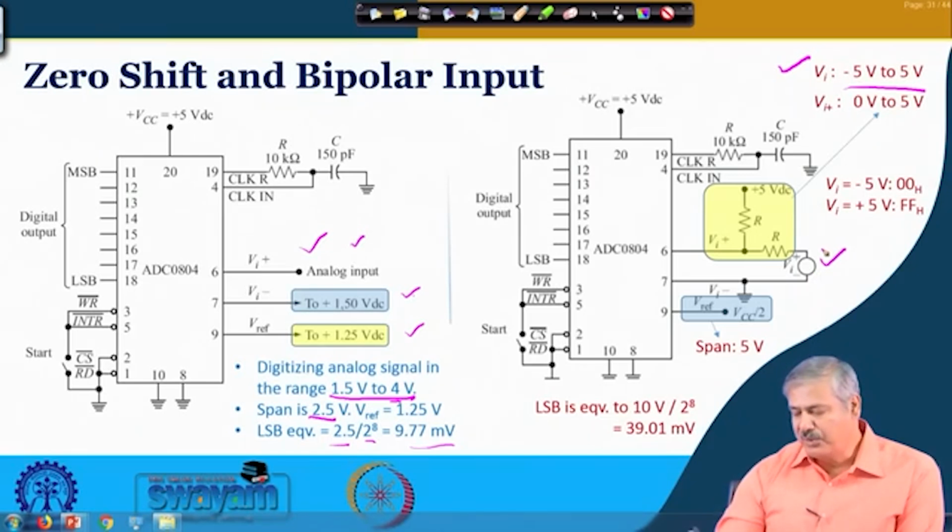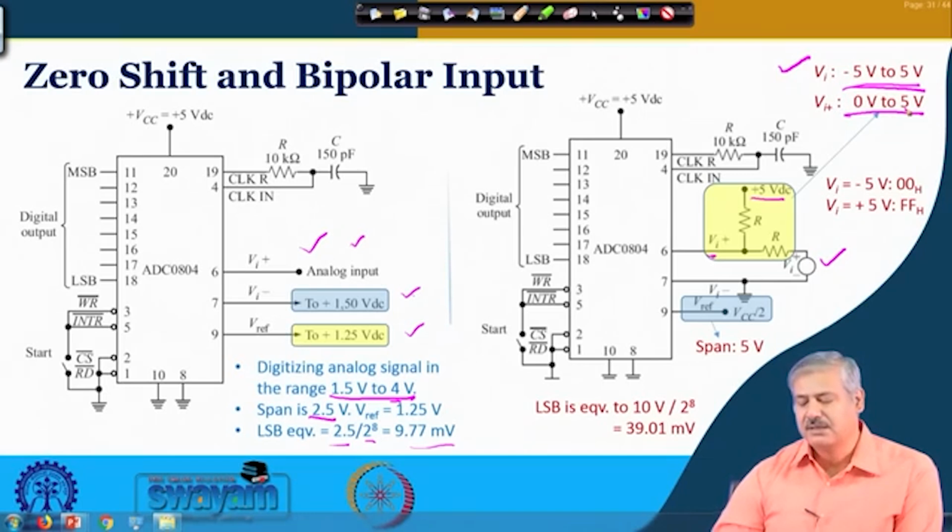And we connect a circuit like this, a plus 5 volt DC supply and a resistance network like this. Through this resistance divider network, if you calculate, you can see that when Vi changes from minus 5 volt to plus 5 volt, this Vi plus changes from 0 volt to 5 volt.